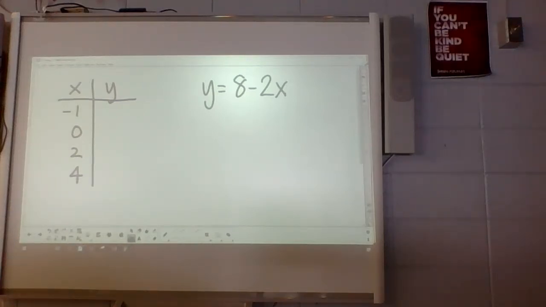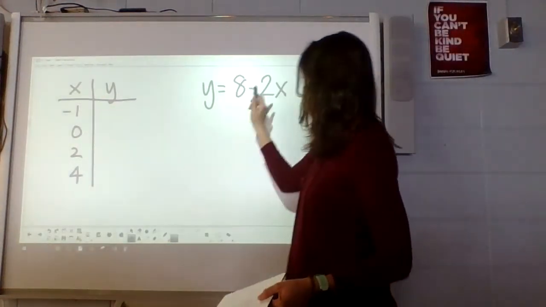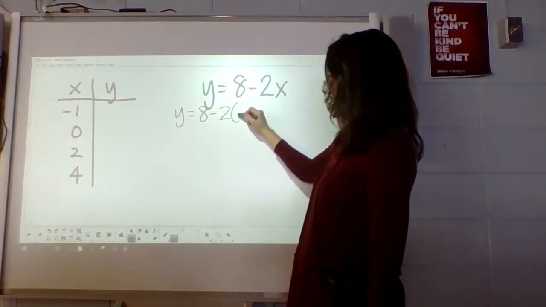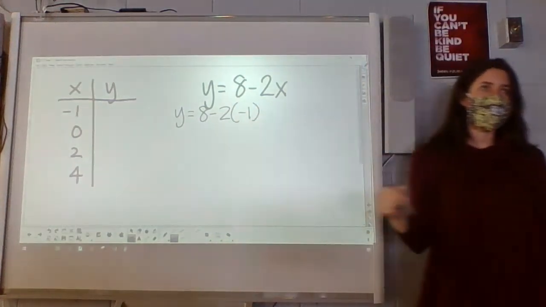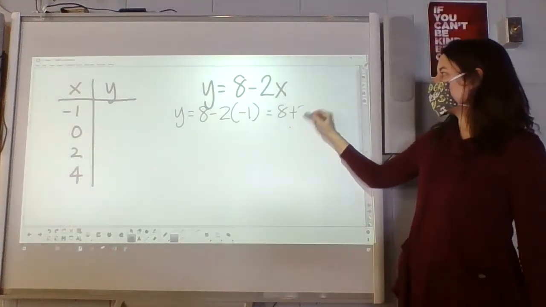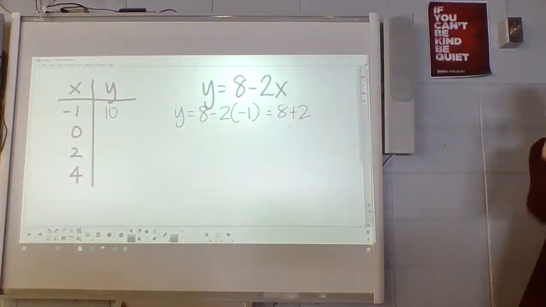All right, guys, so on these, what we're doing again is we're putting those values in. Now, this one isn't as bad because when you start off negative, when you put 8 minus 2 times a negative 1, 2 times a negative 1 ends up being a positive 2. So this is 8 plus 2. So we get 10 here. So if you guys ended up with a negative at the start, just be careful with that.